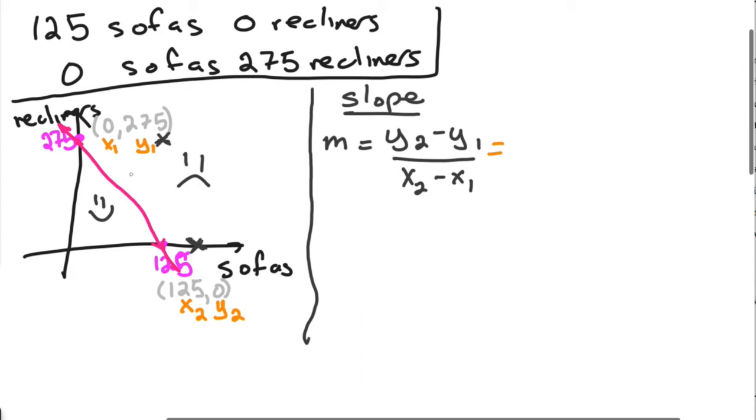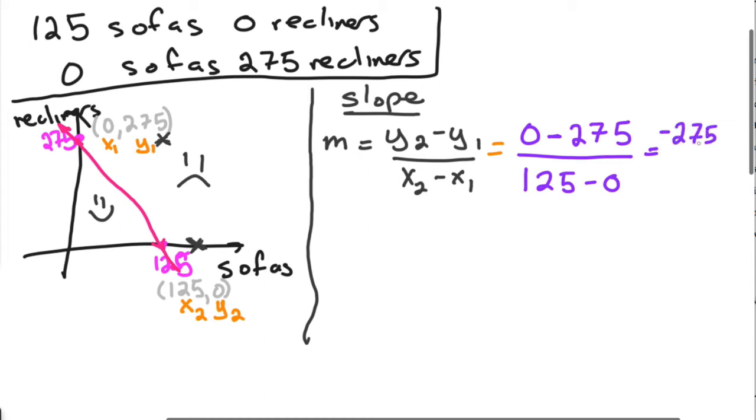So y2 minus y1, I end up with 0 minus 275, over x2 minus x1, which is 125 minus 0. So you end up with negative 275 divided by positive 125, which, if I reduce this, is negative 11 over 5.